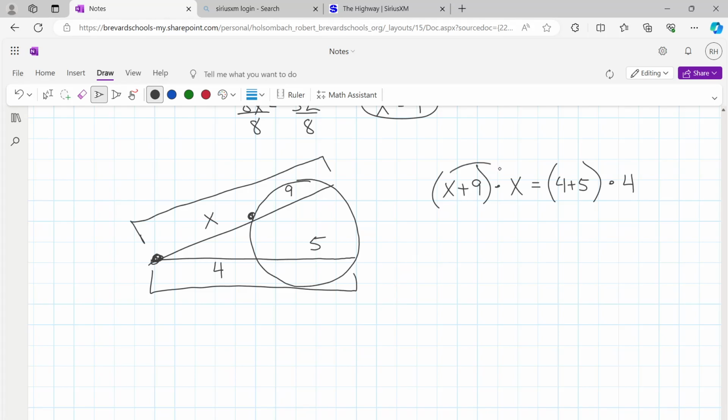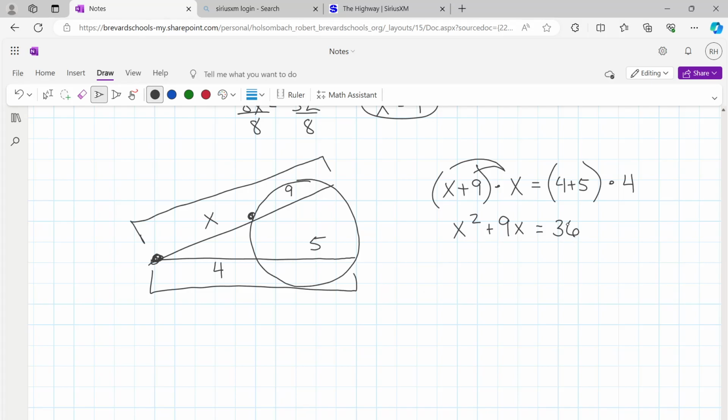So distributive property again, we get an x squared plus 9x. And then on the right-hand side, we get 4 plus 5, which is 9, times 4, which is 36. All right, so now be careful because we've got an x squared, we've got a 9x, and we've got a 36.